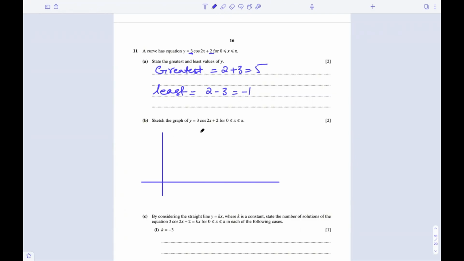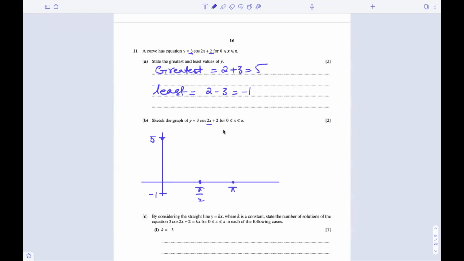Now to sketch the graph of this function, we know it goes from 0 till pi. As it is a 2x, it means in 0 till pi, it will have one cycle. The highest point is 5, the lowest point is -1, as we have seen from the first part. So let's say this is pi upon 2 and this is pi. So the curve starts from the highest point, which is 5.